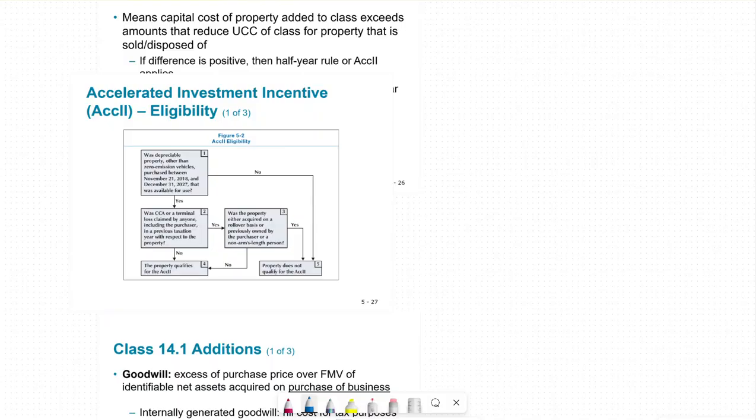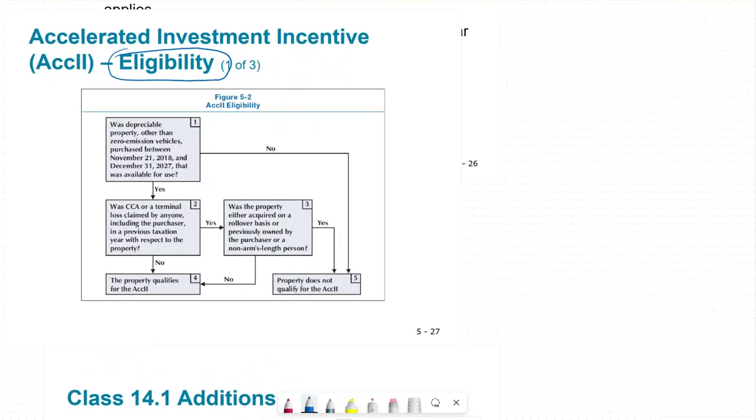Going further, accelerated investment incentive eligibility. This is a flow chart that is available to us. It asks: is it depreciable property, other than zero emission vehicles, purchased between November 21st, 2018 and 2027? Your answer could be no, or your answer could be yes.